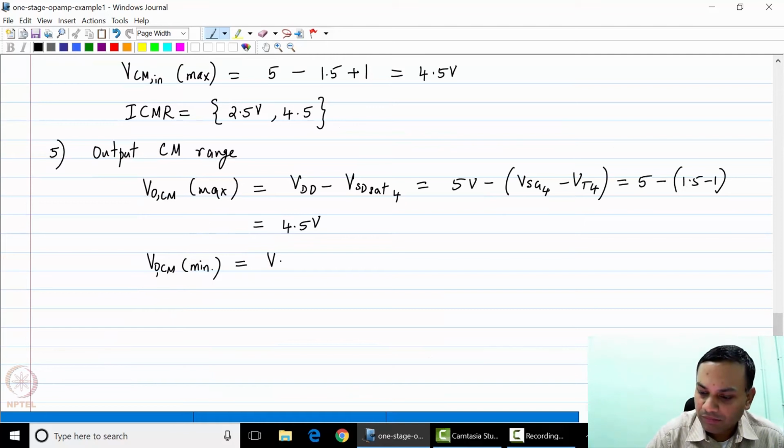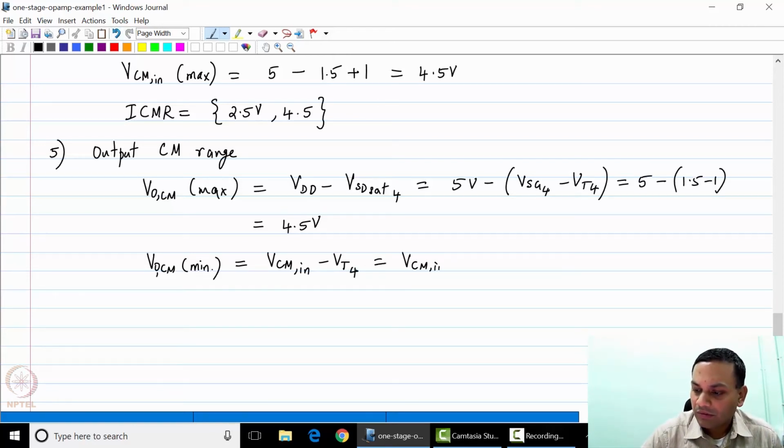So this would happen at VCM in minus VT4. This is VCM in minus 1 volt.